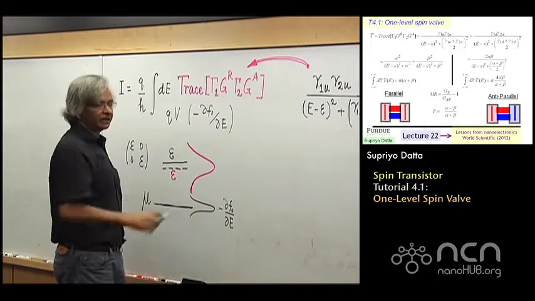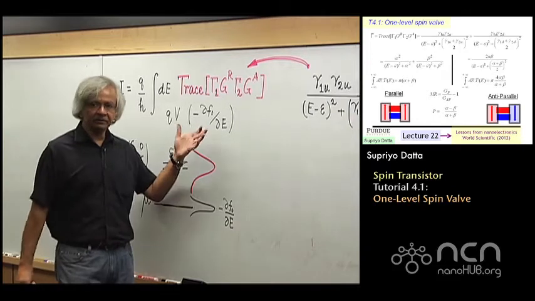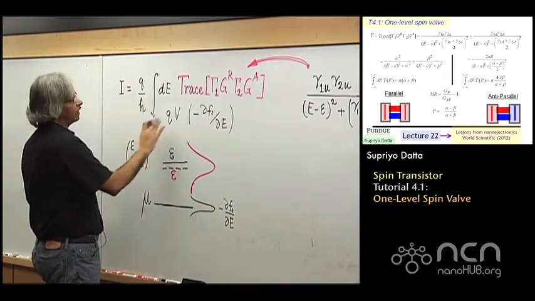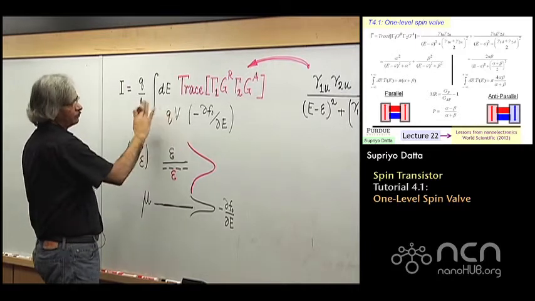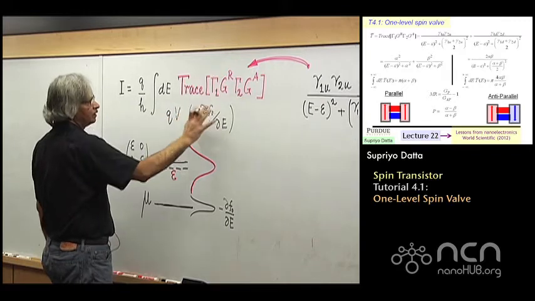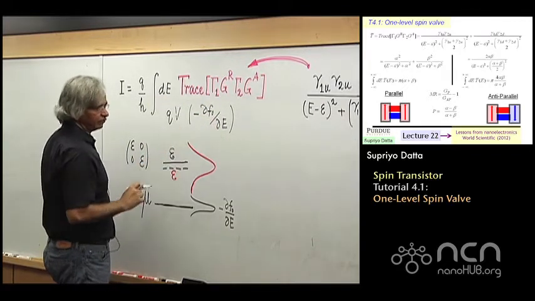And this is in like the first 5 lectures of the notes, if you want to look it up. This is what we did in part 1. And so the conductance, that is, if you look at current divided by voltage, it depends on the average value of this quantity over this window defined by the thermal broadening function.